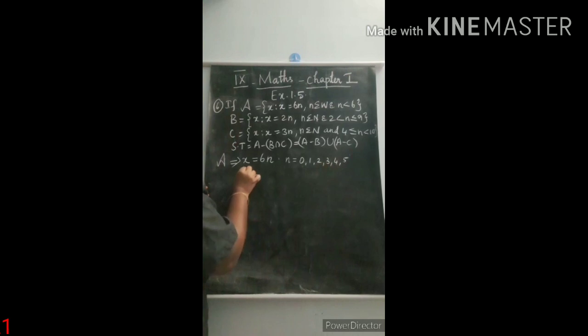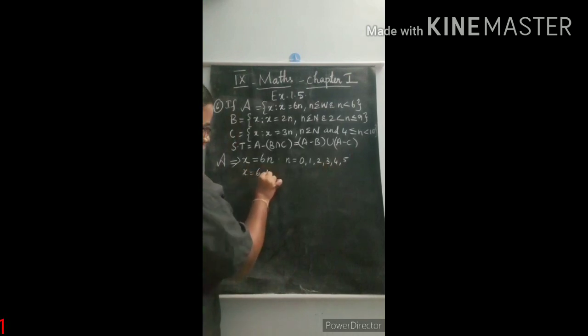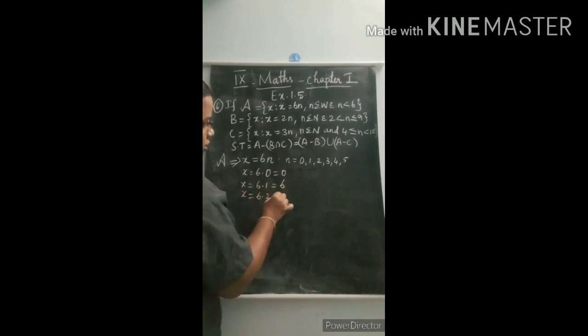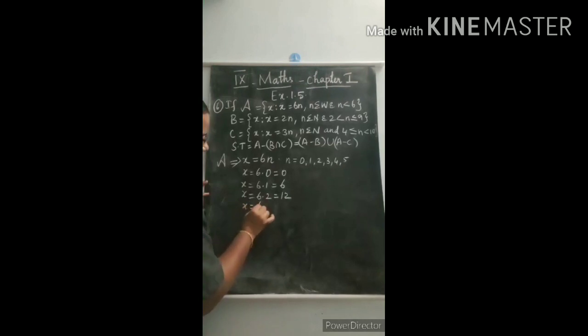So x is equal to 6 into 0, which is 0. x is equal to 6 into 1, 6. x is equal to 6 into 2, 12. x is equal to 6 into 3, 18. x is equal to 6 into 4, 6 fours are 24, and x is equal to 6 into 5, 30.